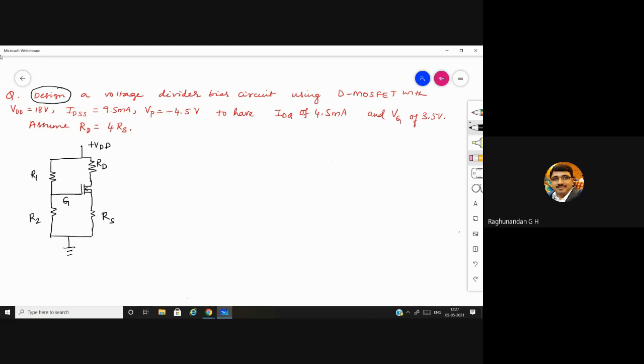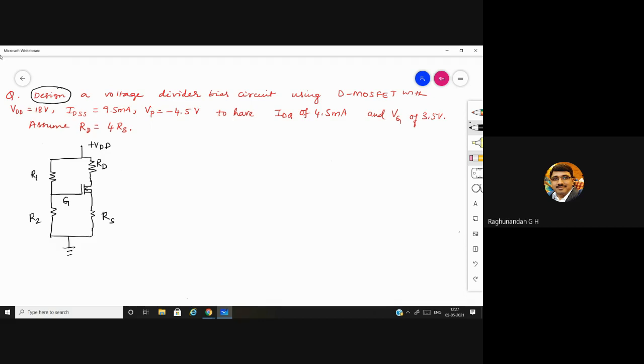Now, to find the different values, R1, R2, RD, RS and all, we need different values. The basic thing here: if you want to apply KVL to this outermost loop, you need RD, right?